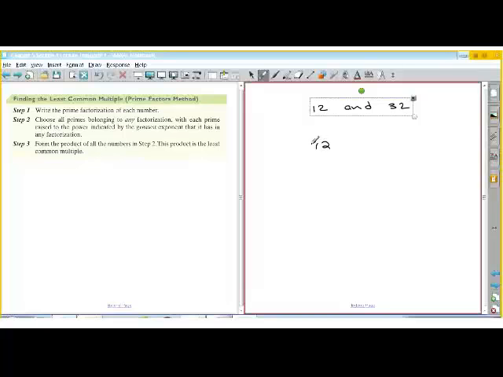So let's follow the rules. So it says do a prime factorization. So again, I'm just going to do it. If you have any questions of how I do it, ask me.